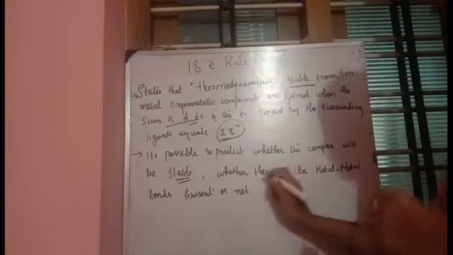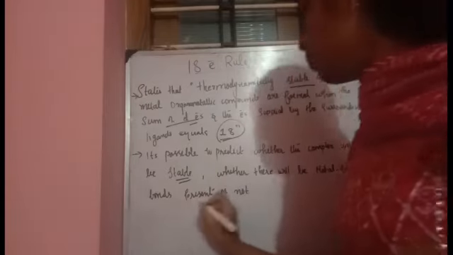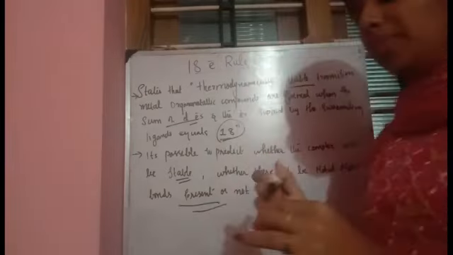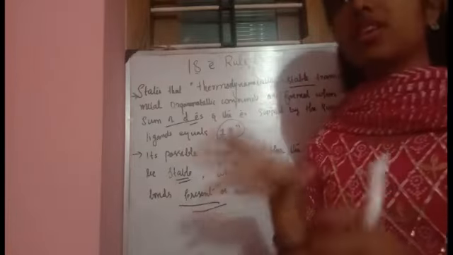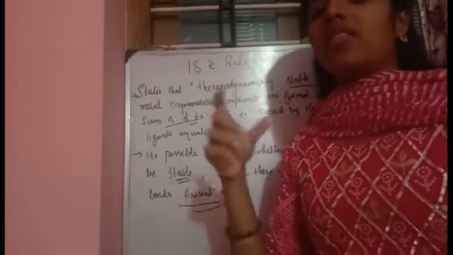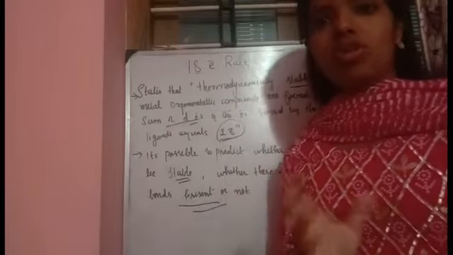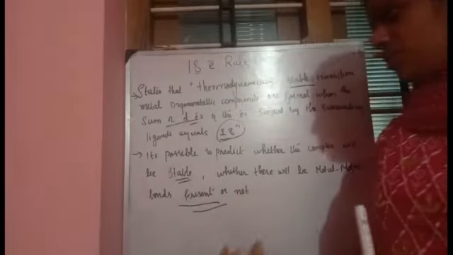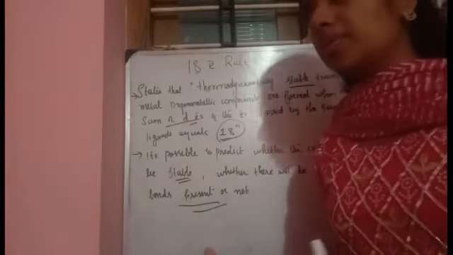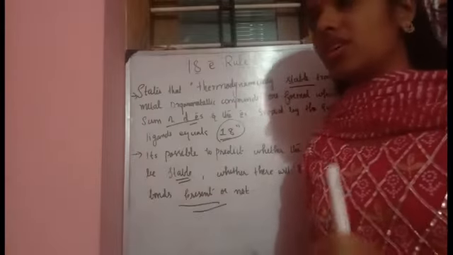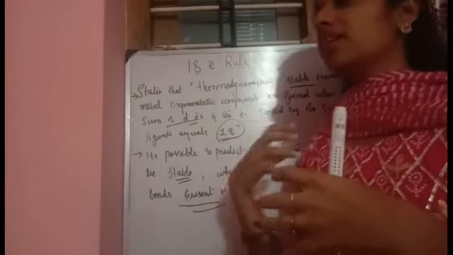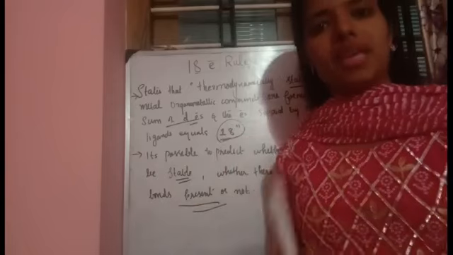We can also predict whether there will be metal-metal bonds present in the structure of that particular complex. So for all these purposes, in order to understand structure and stability, the 18 electron rule forms the basis.